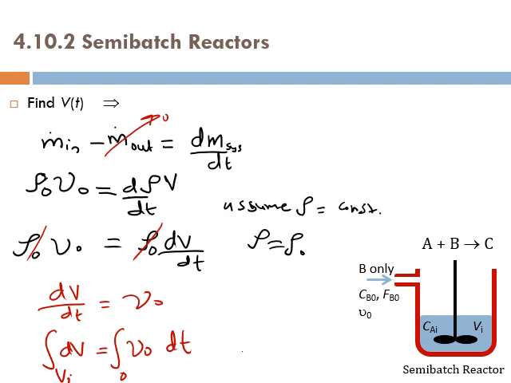And then at time t, V equals V, and therefore the integration of dV is V evaluated from Vi to V, so that is V minus Vi, and the integration of dt is t evaluated from 0 to t, that's t minus 0, t. Of course, epsilon naught is constant, not a function of time, so we have epsilon naught t. So now we have an equation for V.